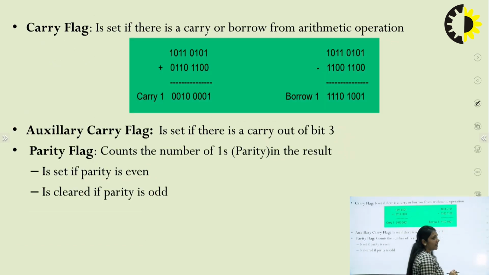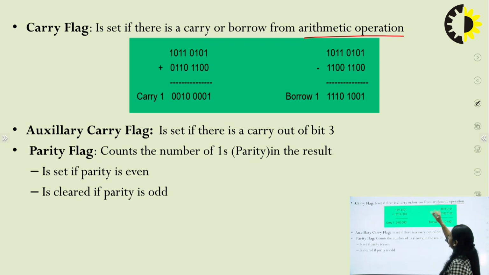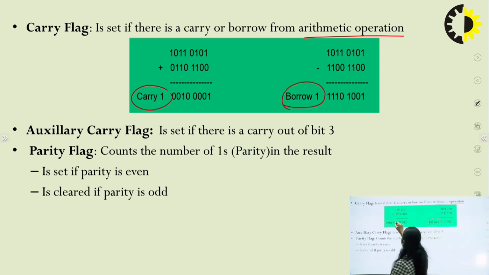Next is the carry flag. If we are doing some addition or subtraction, and some carry or borrow occurs from the arithmetic operation, then the carry flag will be 1. Next is auxiliary carry. Suppose we are adding 2 numbers.